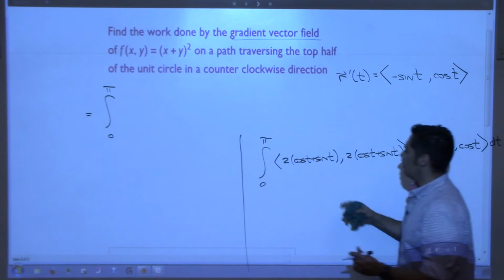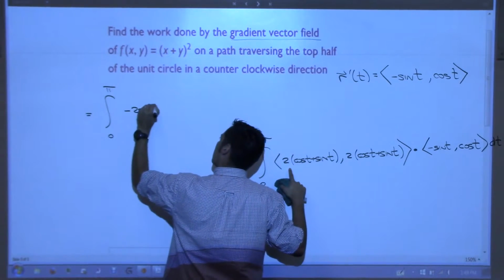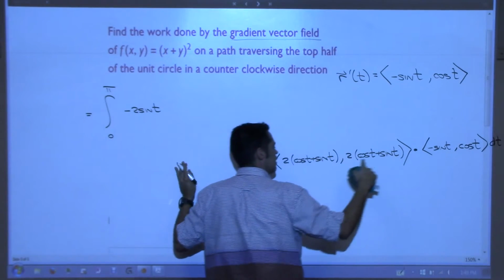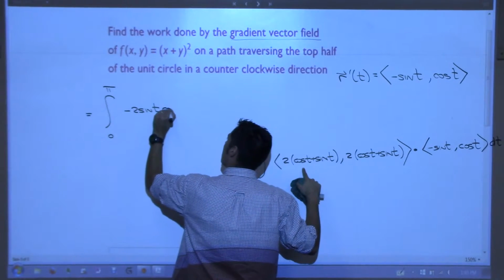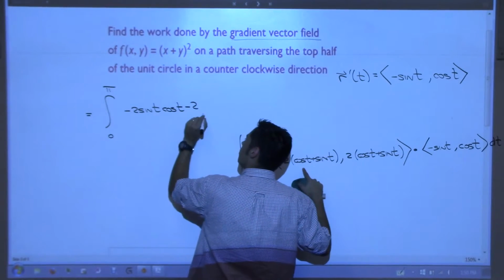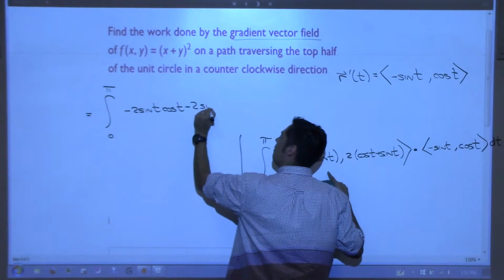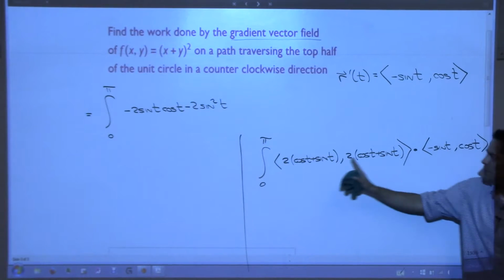How about I do this? I'll make it negative 2 sine t. That's the 2 times the negative sine t. And then I'm going to distribute it through. So cosine t and then negative 2 what? Sine squared t. That's what you get when you multiply this one times this.